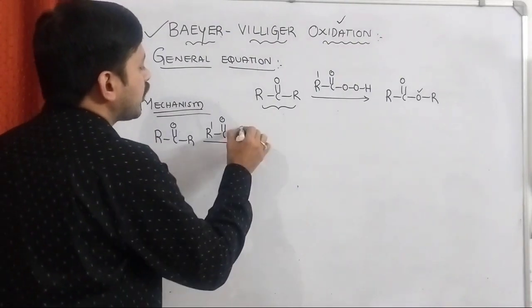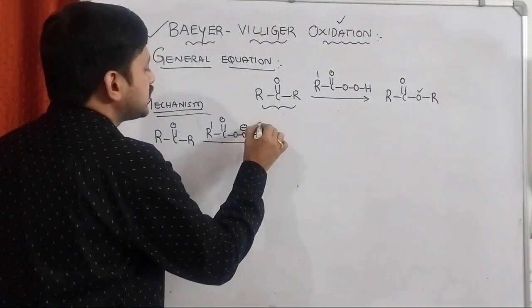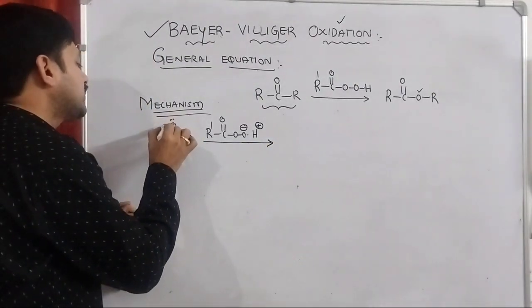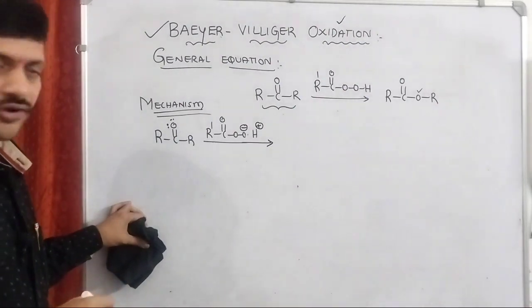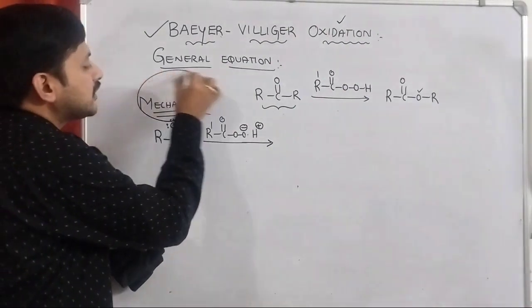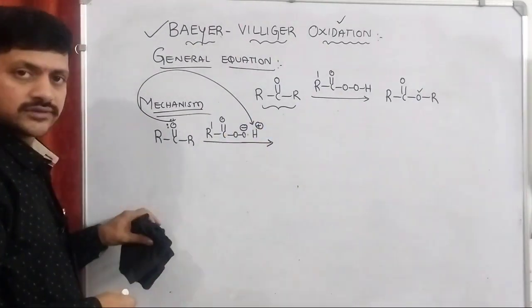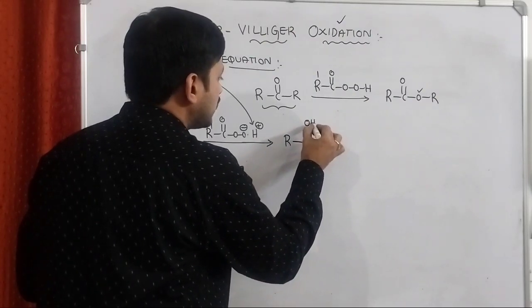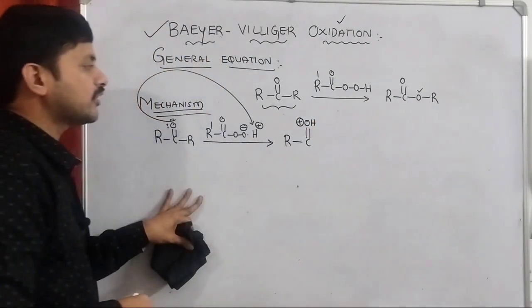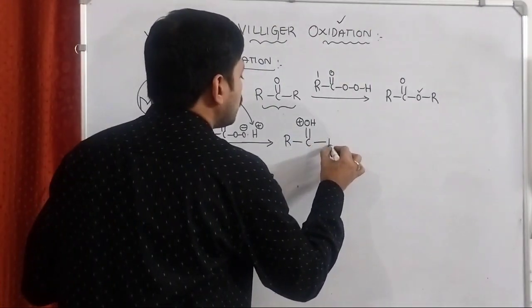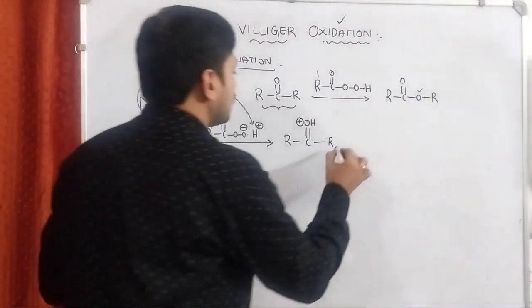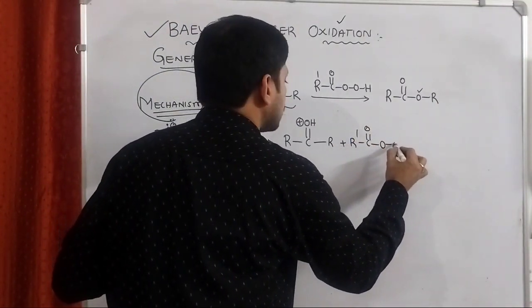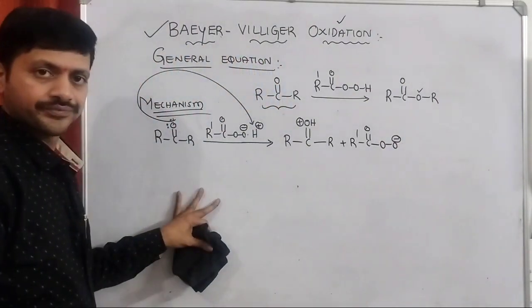That's why we can represent this as RCOO minus and H plus. Initially, oxygen has lone pair of electrons. These lone pair of electrons are donated to H plus ions. It can produce RC double bond OH. Oxygen donated its lone pair of electrons, that's why it has positive charge, R plus R dash C double bond O, oxygen, oxygen, negative charge.